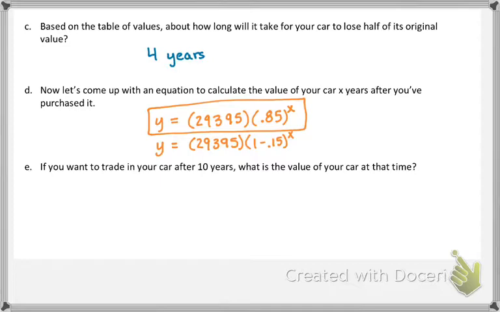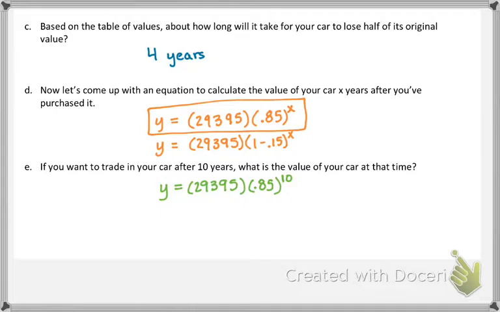So let's check. So the value of my car, y, is going to be equal to 29,395 times 0.85, so 85% of that value, 10 times, because 10 years have passed. And when you're putting this into your calculator, I want you to be careful.